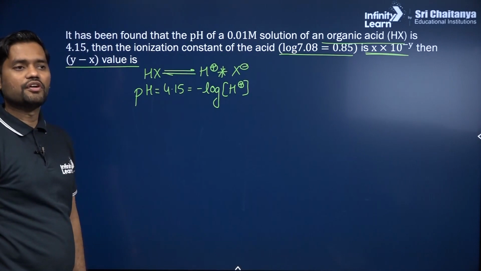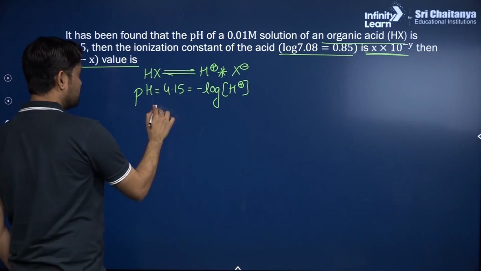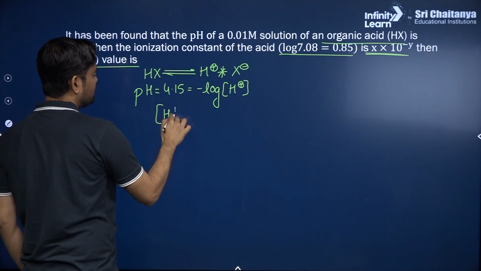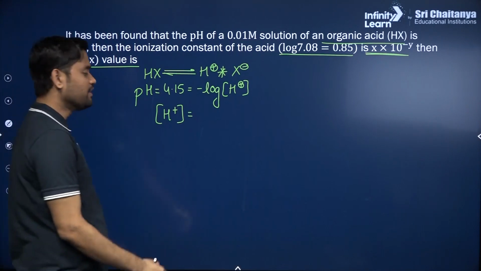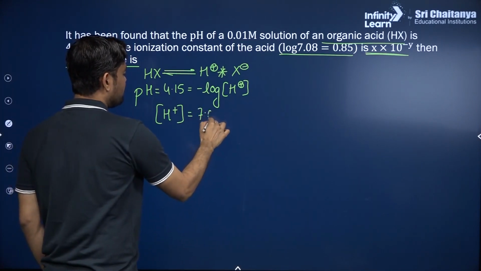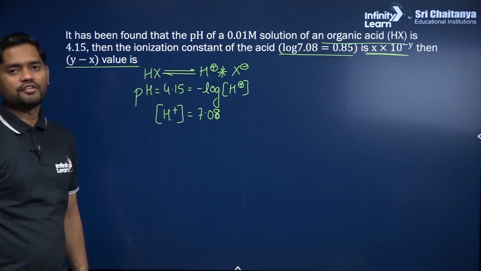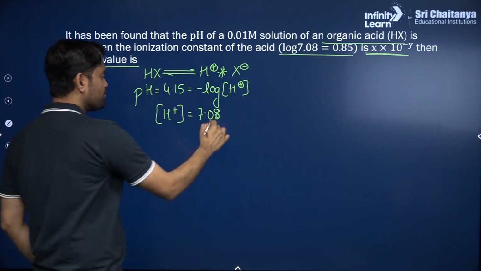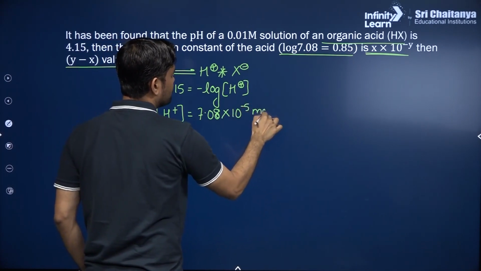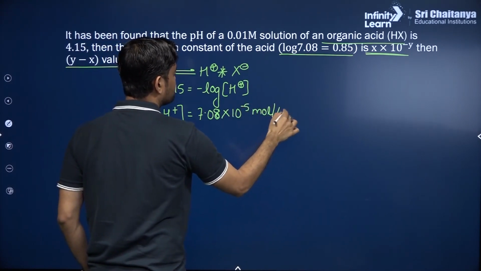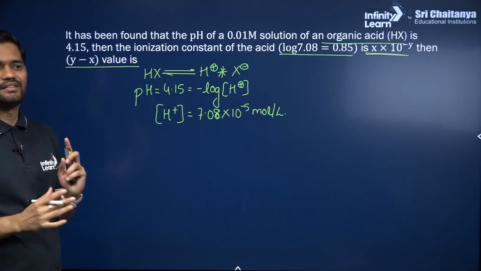If we solve this equation, you will get the concentration of H plus ion, which is somewhere around 7.08 into 10 raised to minus 5 mole per liter. Is this clear, guys?